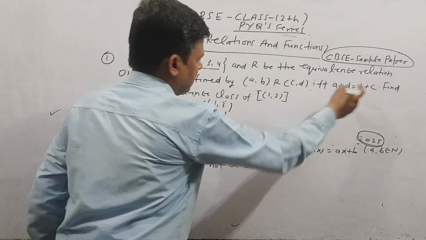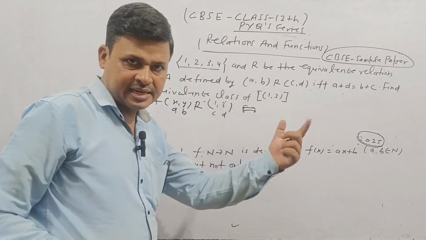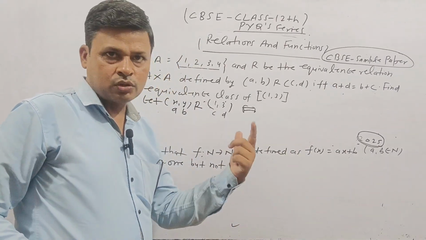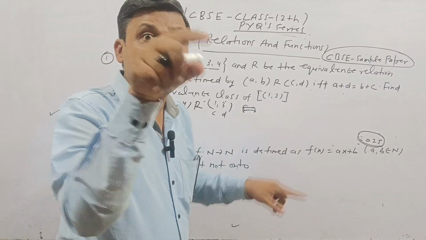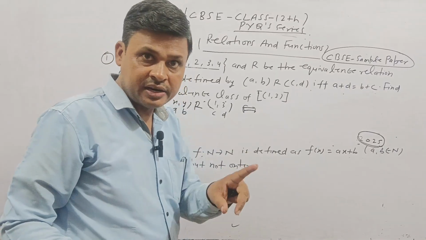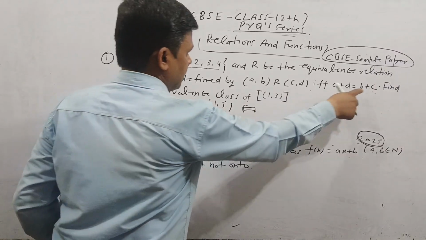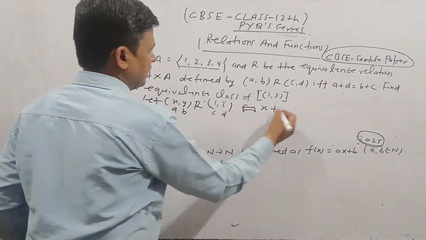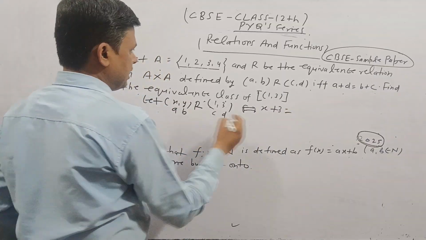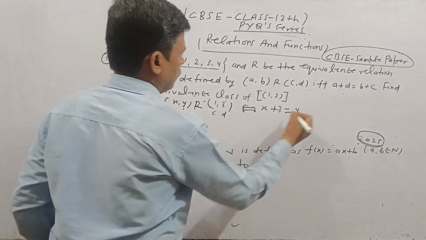Apply this situation here. We will use this sign because if and only if means necessary and sufficient conditions, both are justified. The meaning of iff is if and only if, necessary and sufficient conditions. So in this way we can write a plus d is equal to b plus c: in place of a there is x, in place of d there is 3, in place of b there is y, and in place of c there is 1.